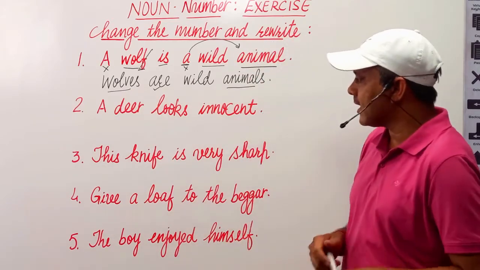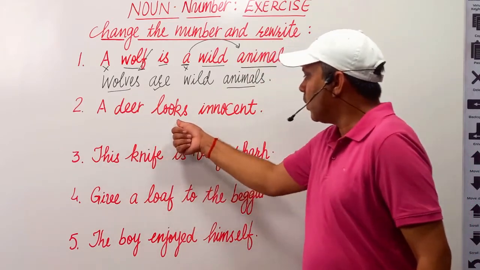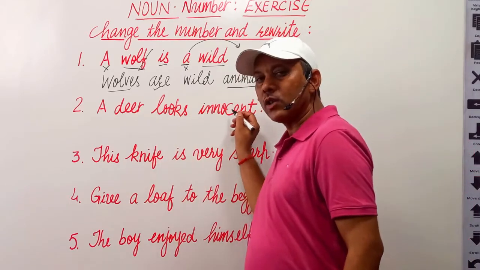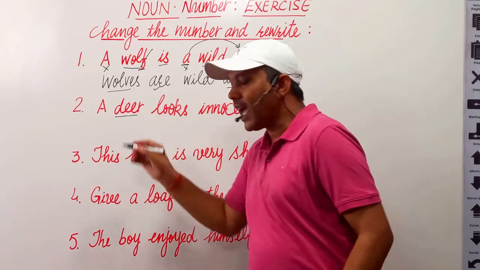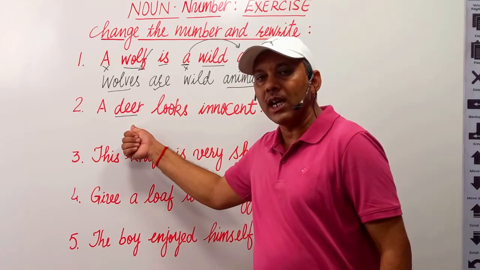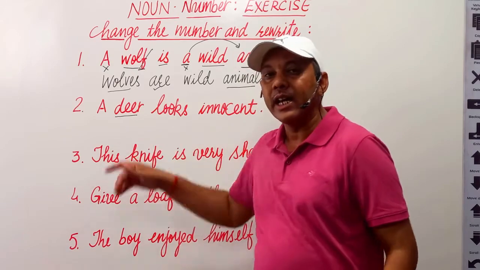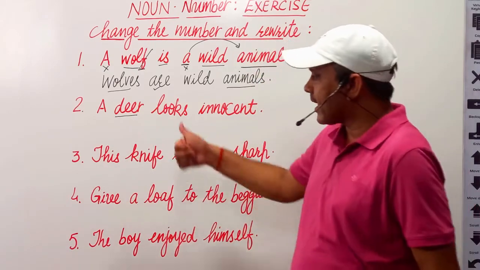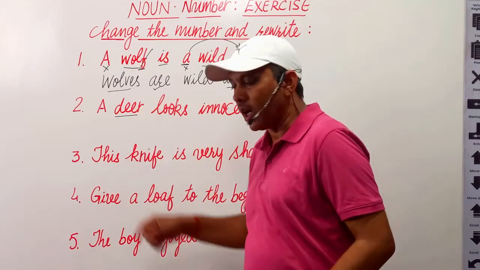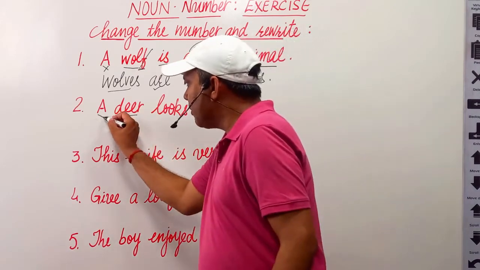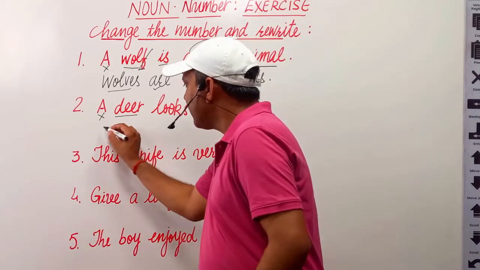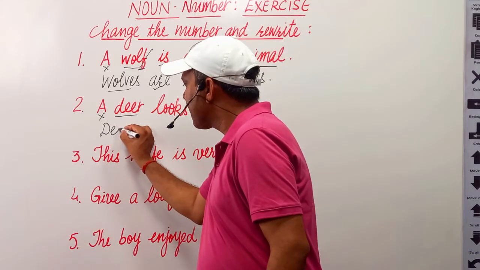The next sentence is, a deer looks innocent. As we have discussed already, both the singular and plural forms of deer remain the same. We cannot add s to it to make it plural. So we have to remove this article before a plural noun and it will become deer.